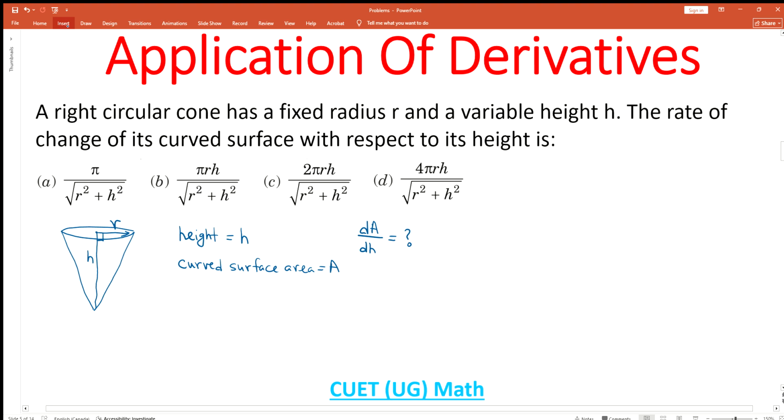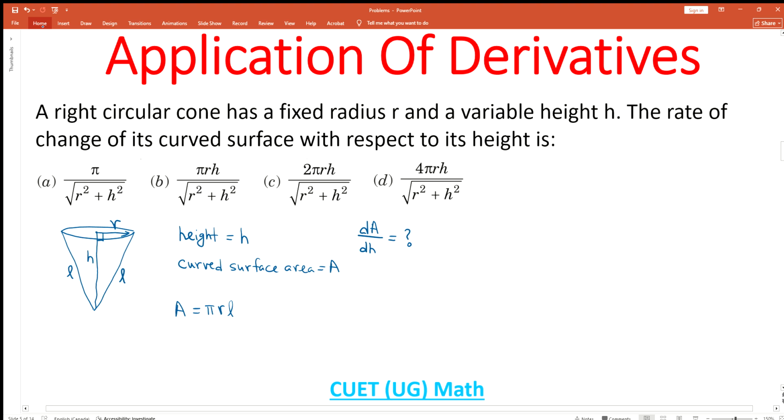For that, we should analyze the formula for curved surface area of a cone. The formula for curved surface area of a cone is pi r L. L is the slant height. In our diagram, this is the slant height.